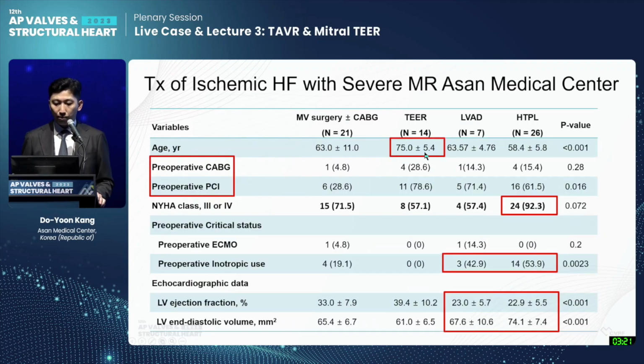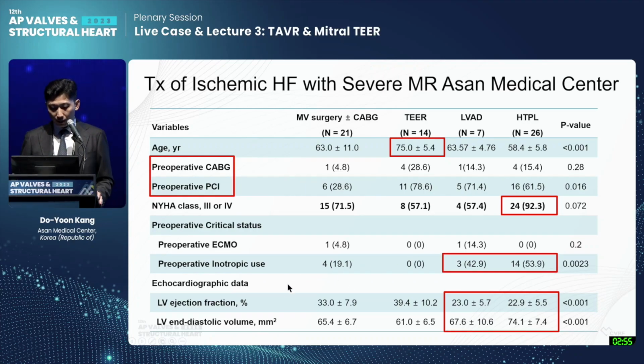And as you can expect, the TEER patients had the oldest age, and the transplantation patients had the most severe symptoms. The TEER patients had a higher incidence of CABG or PCI before the TEER procedure, maybe because of old age and high risk profile.